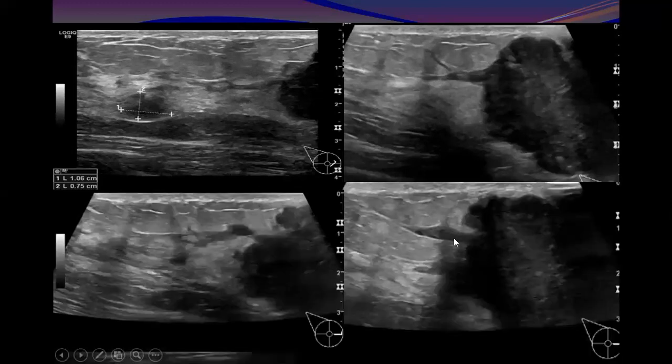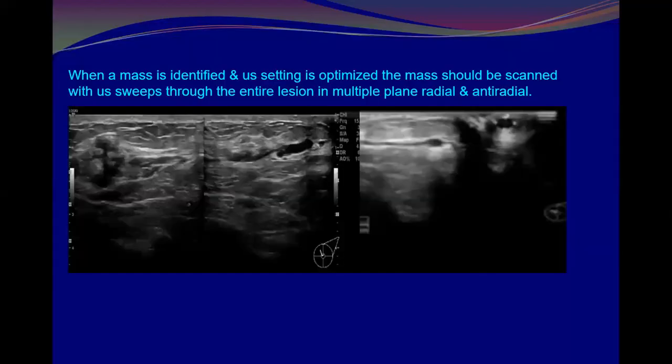More ducts, this is at different angles. This is another duct. So this lesion has multiple ductal extensions in different directions, and satellite nodules. BI-RADS 5, and it is invasive cancer until proven otherwise, and it was proven invasive cancer.